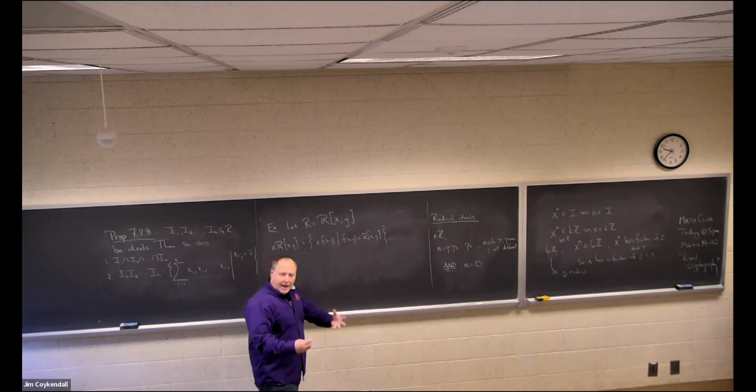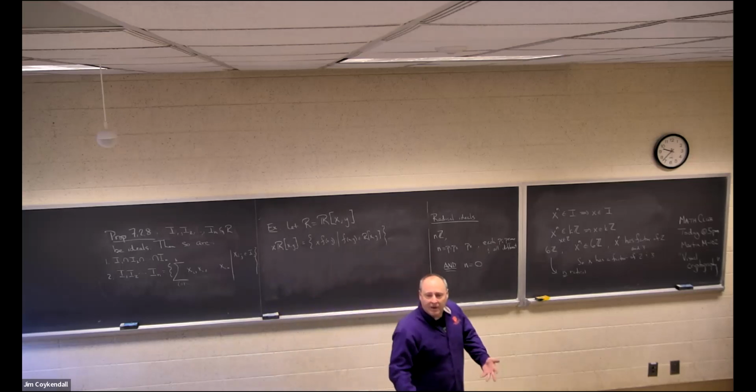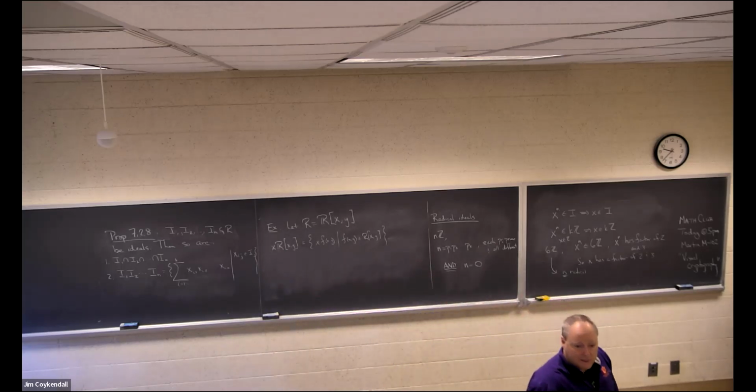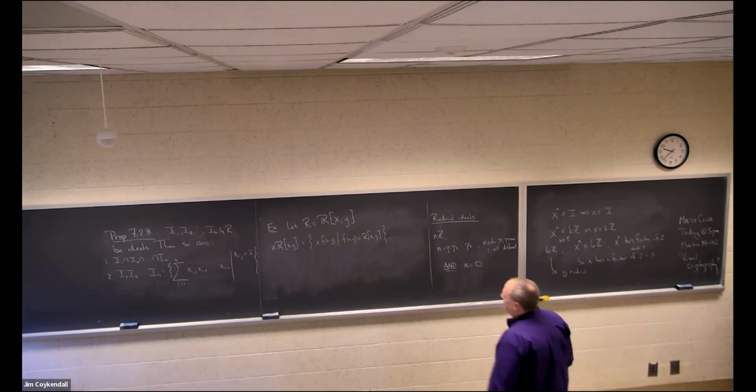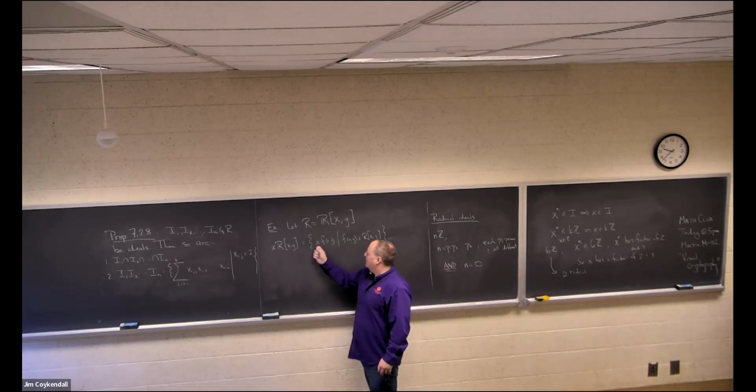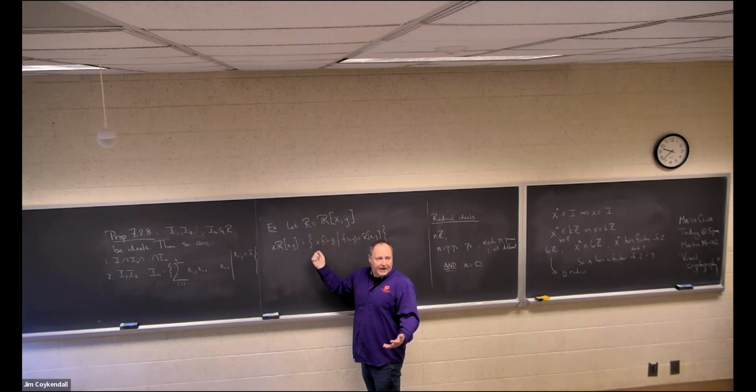Because what happens when I add two things with a factor of x? I get something else with a factor of x. Everybody agree with that? And why is it absorbing? Because if I take a polynomial that has a factor of x in it and multiply it by some other polynomial, now I've got a bigger polynomial with a factor of x. So this is absorbing, right?